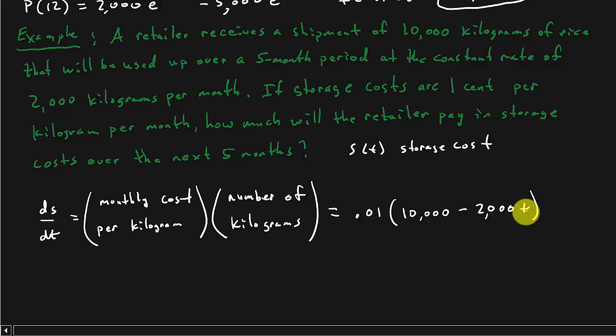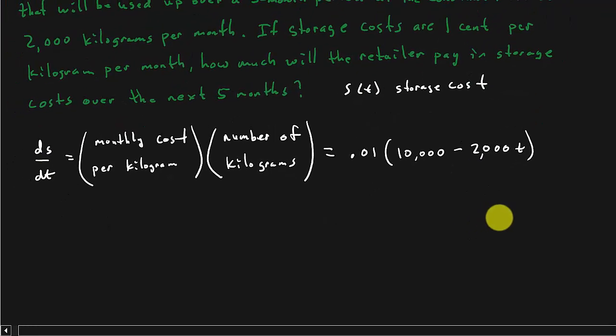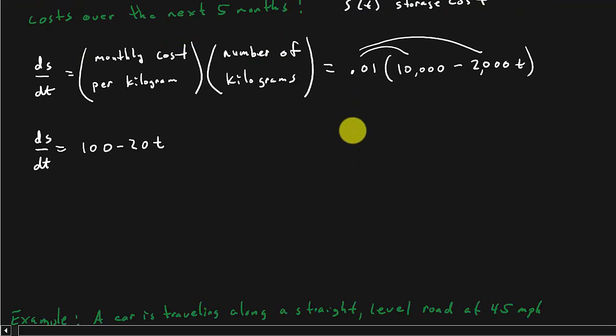So if you look at it, after the first month, that would be 2,000 gone, 10,000 minus 2,000. After the second month, another 2,000 would be gone, so 2 times 2,000, that would be 4,000 total. And so we get ds/dt is equal to 100 minus 20t, because all I did was distribute the 0.01.